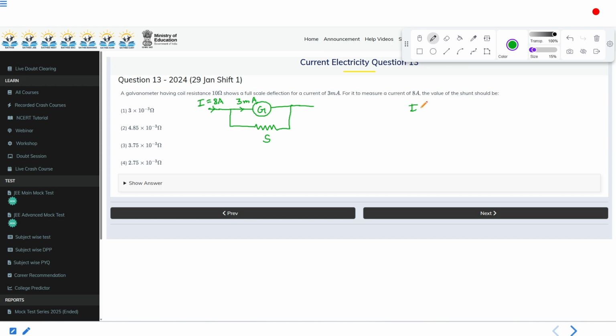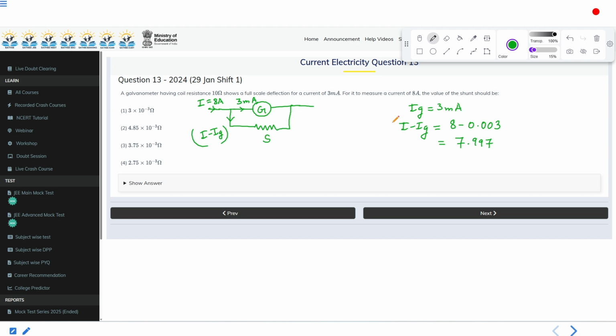That means Ig is equal to 3 milliampere, and the current I minus Ig is flowing through the shunt. It will be 8 minus 3 milliampere, that is 8 minus 0.003, which becomes 7.997. Got it? So this is the amount of current that is passing through the shunt.